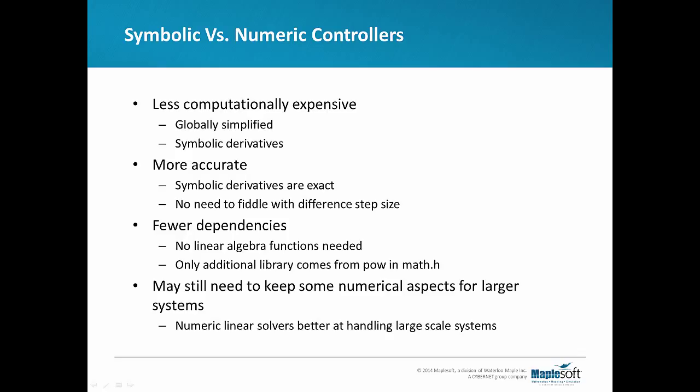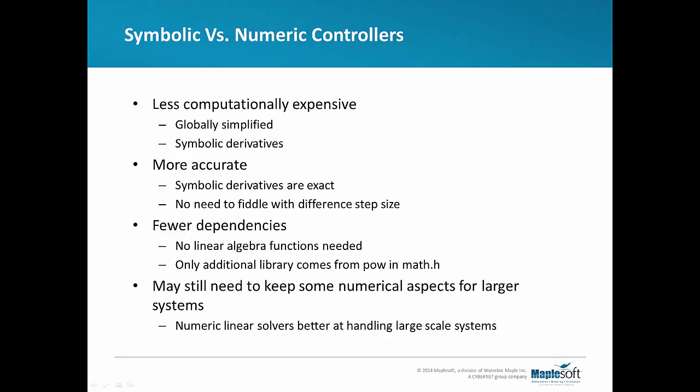So what happens though is that sometimes the symbolic controller might not be able to scale as well, because it was symbolically solving a linear system of equations as part of that controller. So there's one small sub-step in the overall controller computation for which the methods used here won't scale to really large systems.